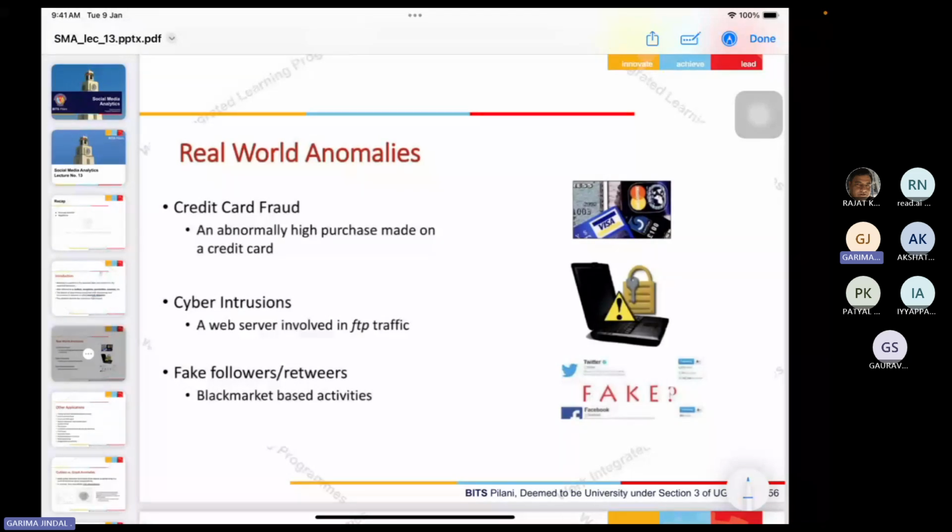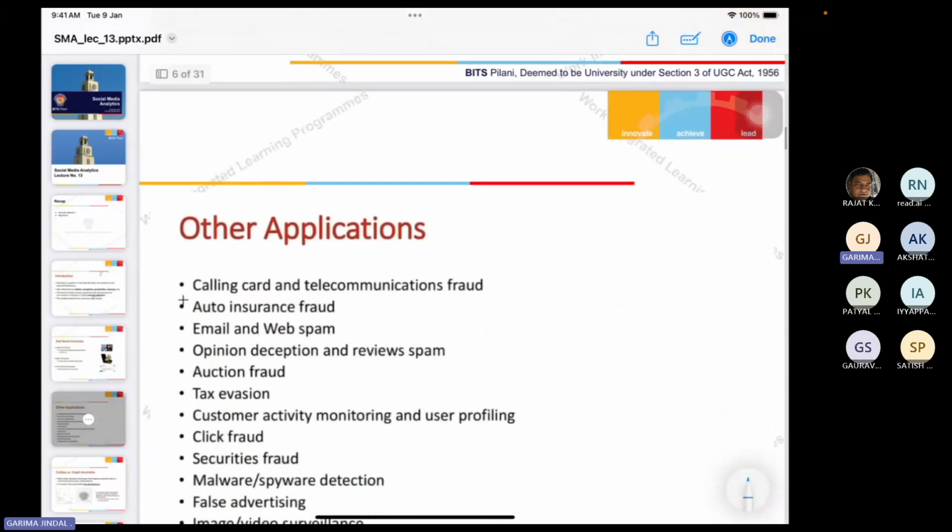Then again, we can have credit card frauds and different other frauds. On websites like Amazon, Flipkart, Myntra, we can have fake reviewers of the products. Those fake reviewers need to be identified and removed. Otherwise, the companies' products and marketing might be affected because of these fake reviews. So that's why this problem has a huge impact on the economy and it is a very important problem.